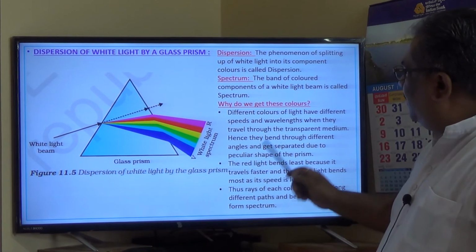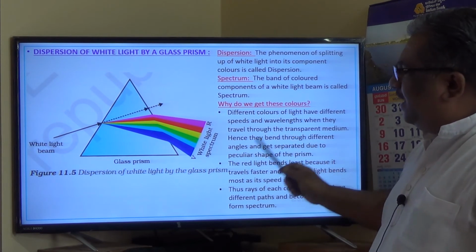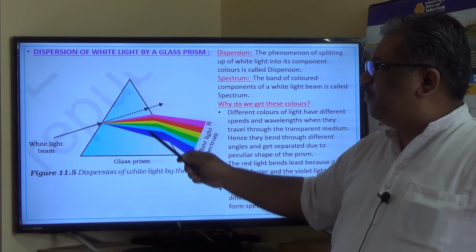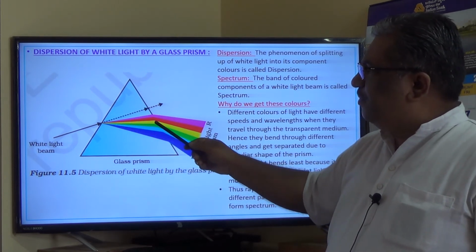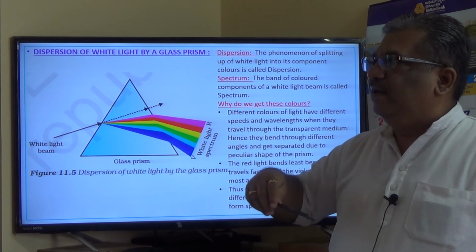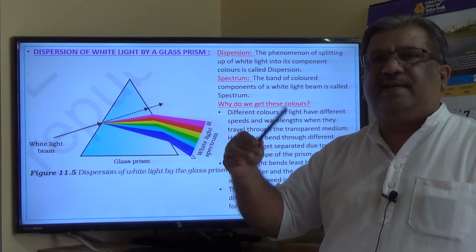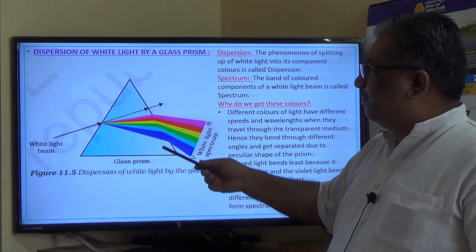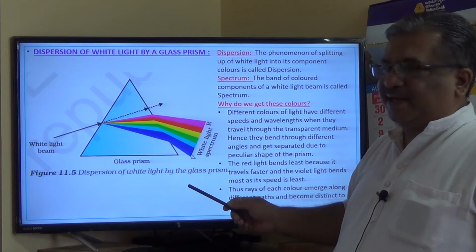Different colors of light have different speeds and different wavelengths, and hence these individual colors will emerge along different paths at different angles, and therefore we observe the dispersion, and due to the peculiar shape, the spectrum.